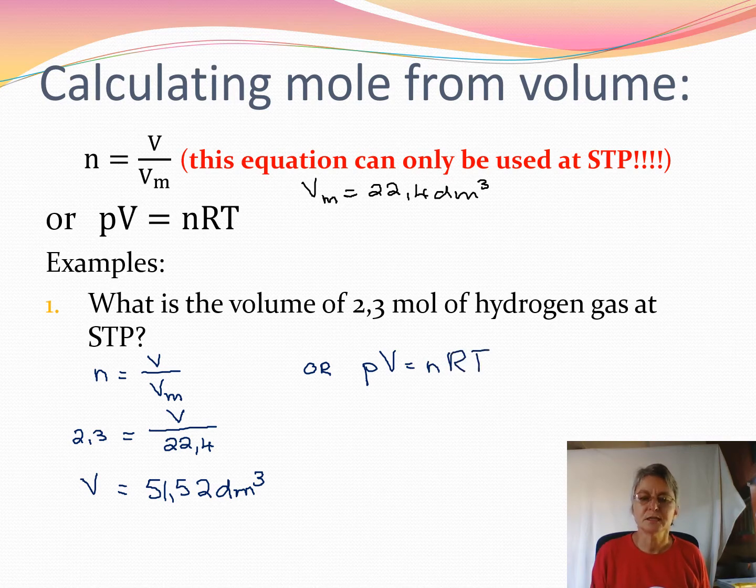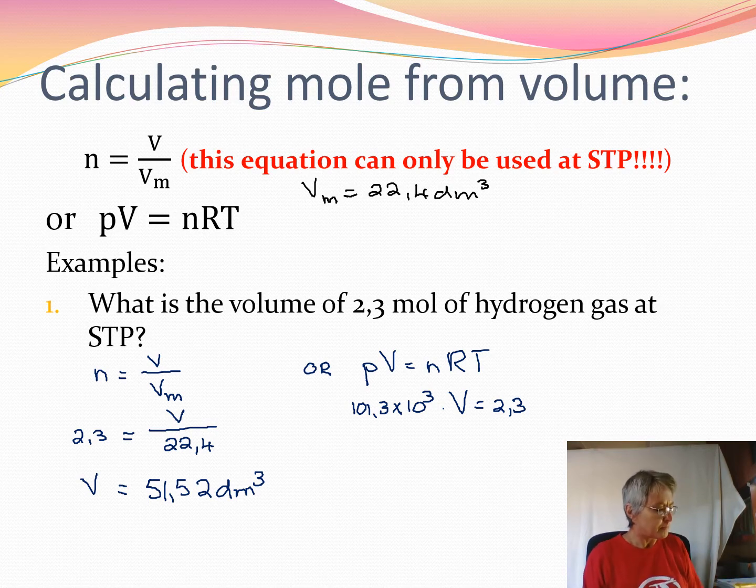We could take the other path, PV = nRT, where the pressure is standard pressure, so it is 101.3 kilopascals, but in this equation it should be in pascals, times the volume. It is 2.3 moles, and the universal constant is 8.314, and the standard temperature is 273 Kelvin.